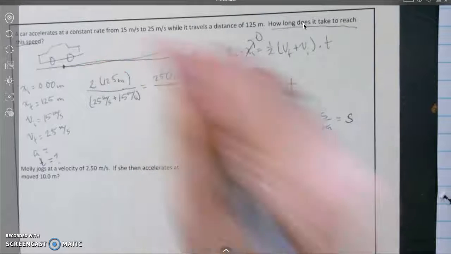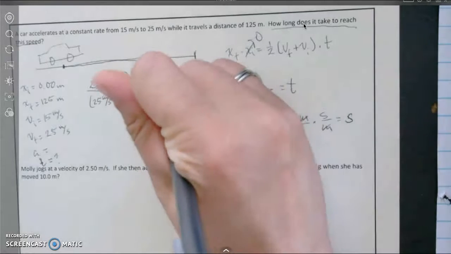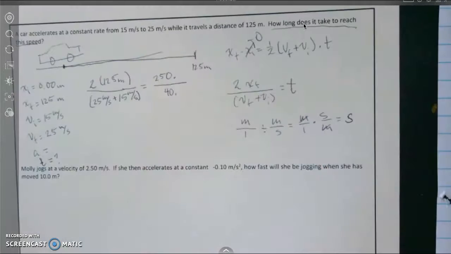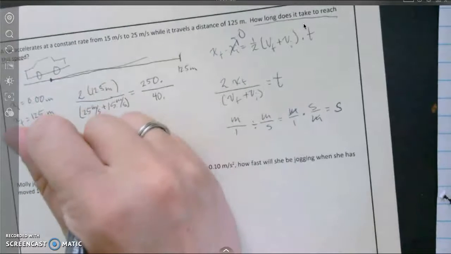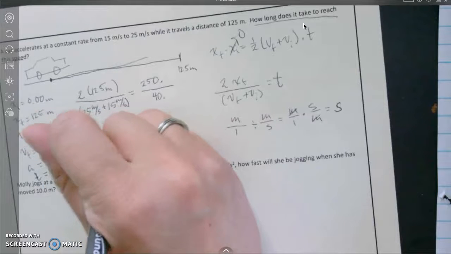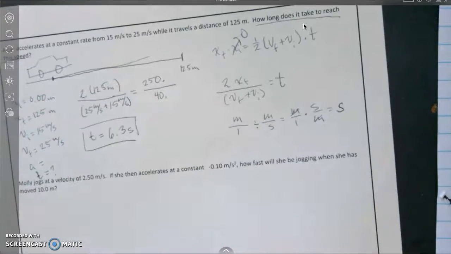And then I'm dividing that by 25 plus my 15, and there's not any digits after the decimal place, so our answer is not going to have any. And then we'll divide those values. So we have 3 sig figs, 2 sig figs, so our final answer will have 2 sig figs, and so time is equal to 6.3 seconds.